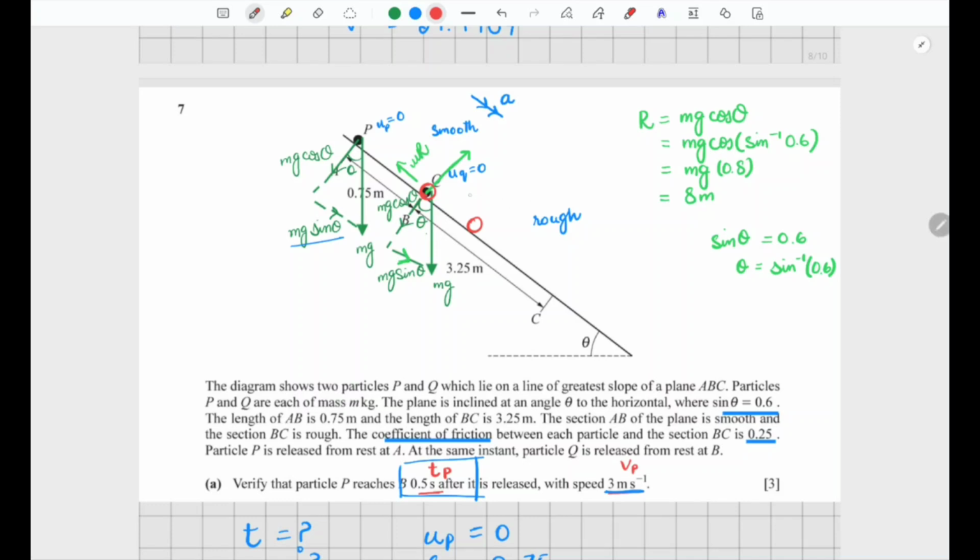In 0.5 seconds, the particles have moved some distance. We can use the distance formula from the equations of motion, s equals ut plus half at square, to find how much distance was covered in these 0.5 seconds. So this will be the distance between these two particles. Let's find it out.